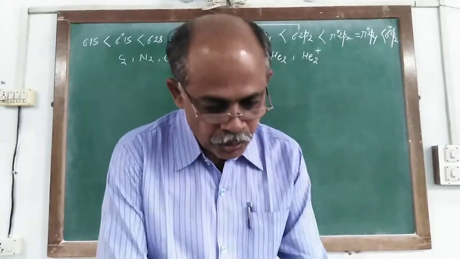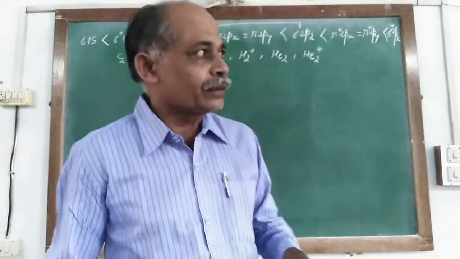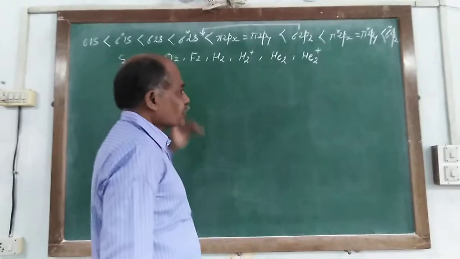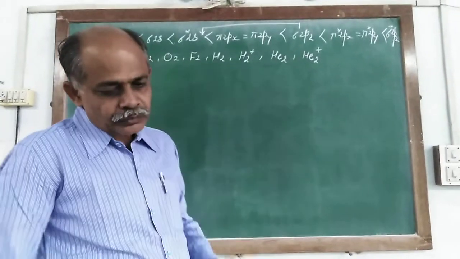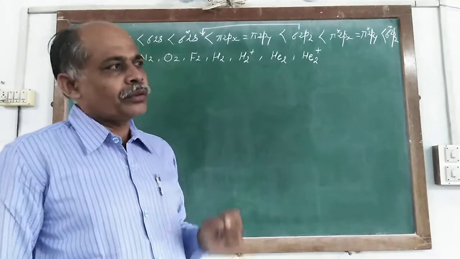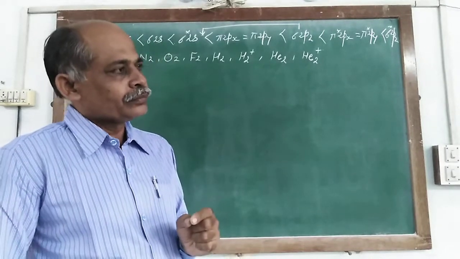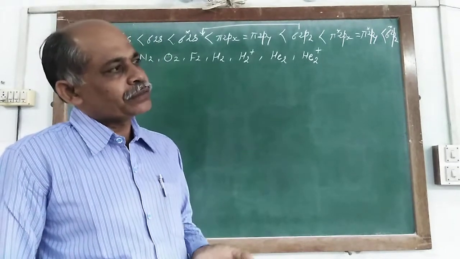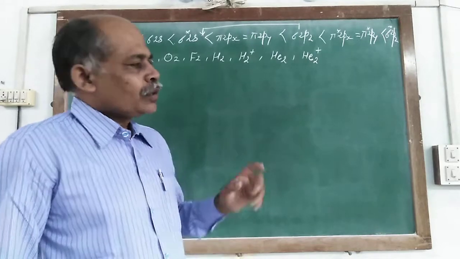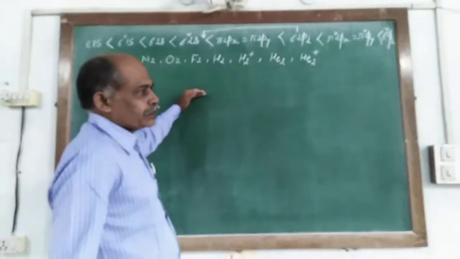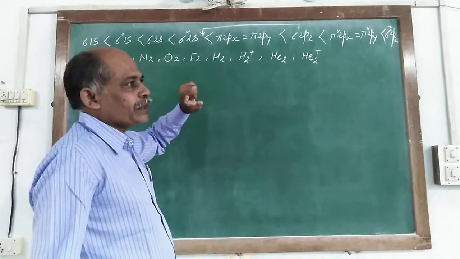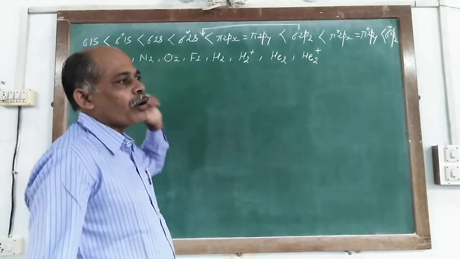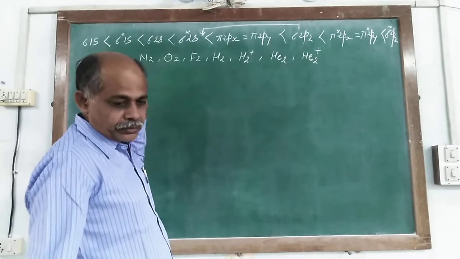For all of these molecules or ions, we draw the molecular orbital diagram, explain its magnetic properties and calculate the bond order between two atoms.